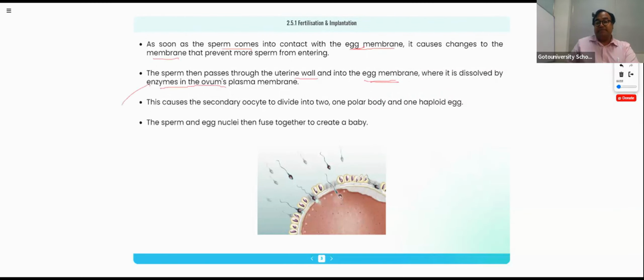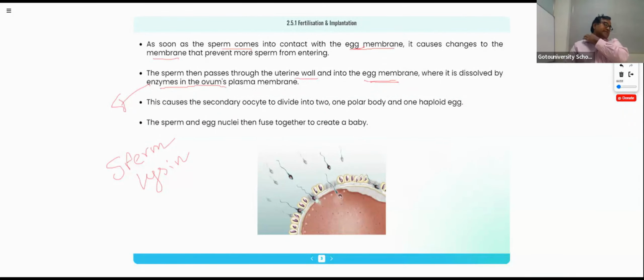What enzyme exactly? What is the concerned enzyme involved in this particular egg membrane digestion? We know very well the enzyme called sperm lysin. Sperm lysin is an enzyme which is responsible for the digestion of the egg membrane. The sperm lysin is released by the sperm acrosome.